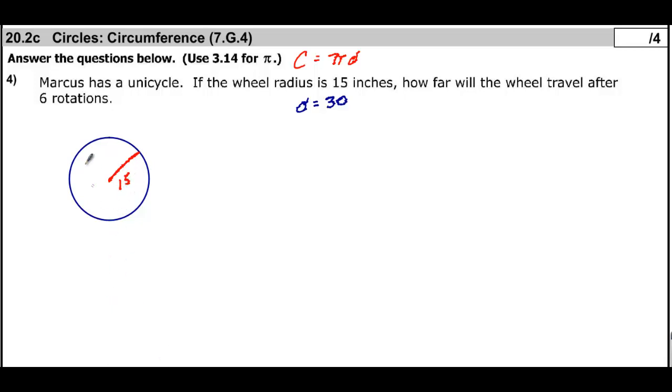Which means the diameter would be all the way across the circle, a line all the way across. That would be a 30, and the circumference would be starting at a point, going all the way around, back to where you started. That is the circumference, and that circumference represents one rotation of the tire.